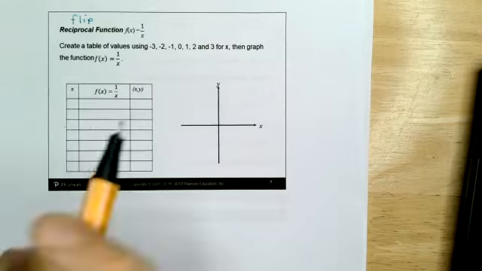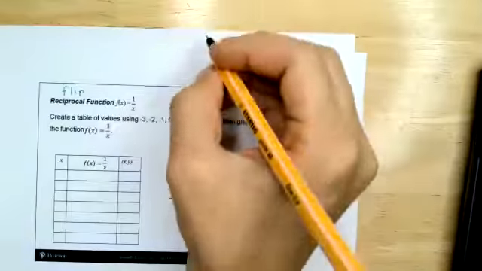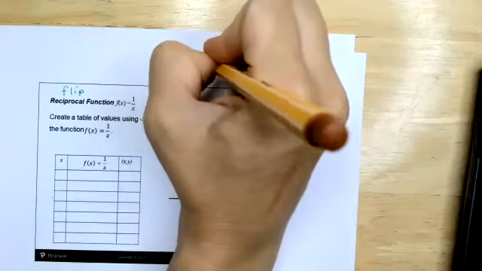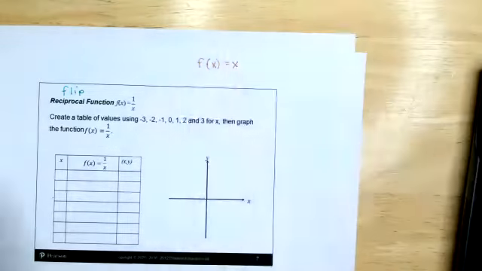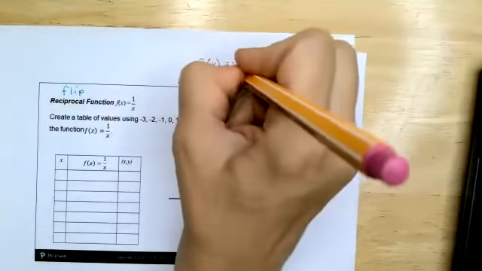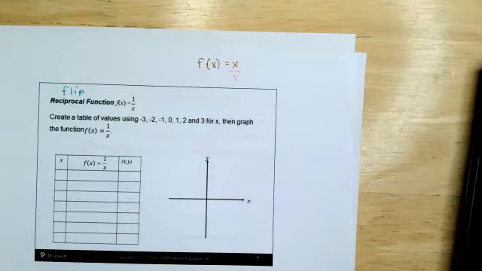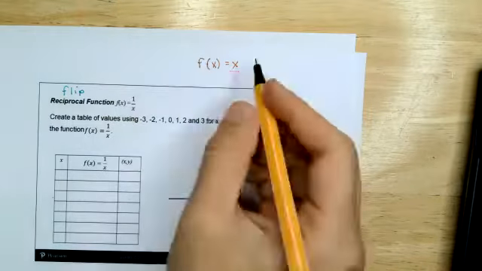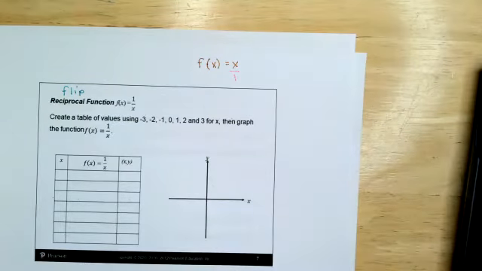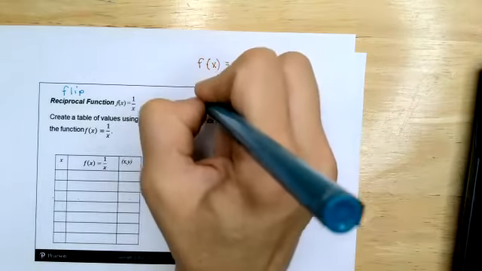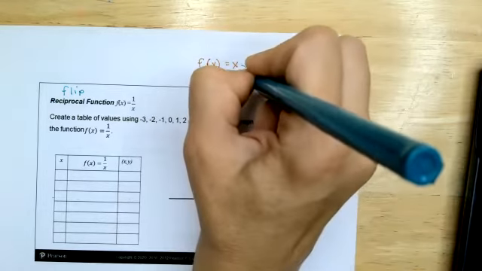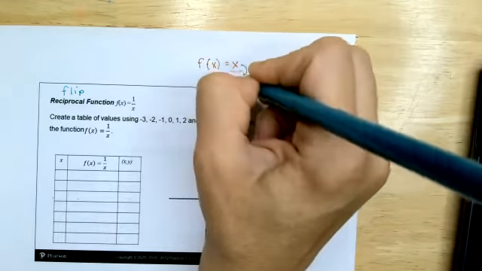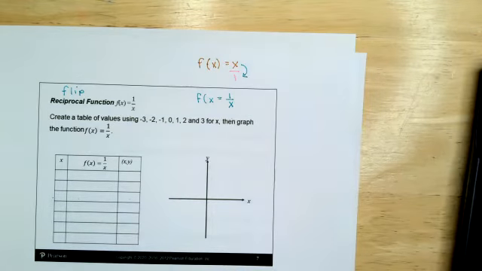For this one, the reciprocal function, instead of just f of x equals x, which is a parent function, you can think of that as x over 1, because anything divided by 1 is itself. So we're going to flip that, and we get f of x equals 1 over x. So we flipped it from the top of the fraction, the numerator, into the denominator. We just flipped it. Reciprocal means flip.